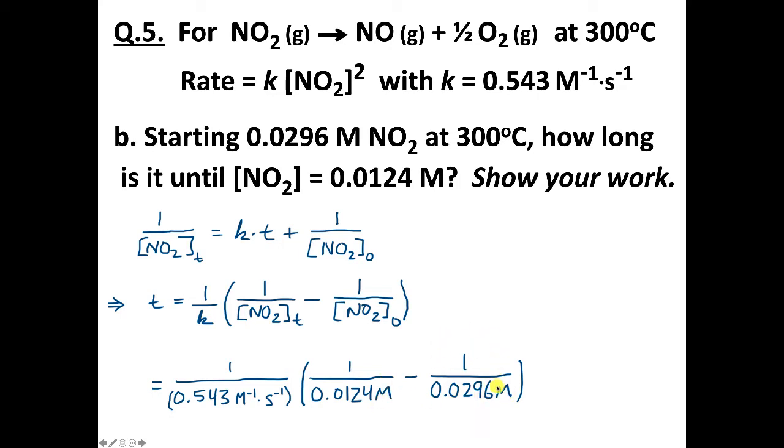The molarities are both in the denominator here, so that's per molarity. Those will cancel with the 1 over per molarity, and that'll leave us with seconds for our units. And plugging in the values, you get 86.3 seconds for the time that has elapsed for the concentration to change to that value.